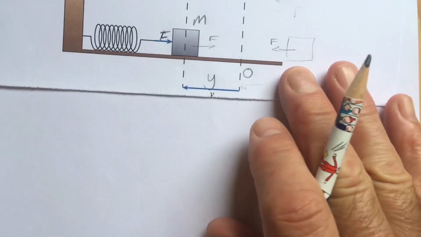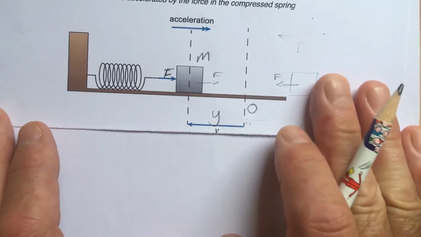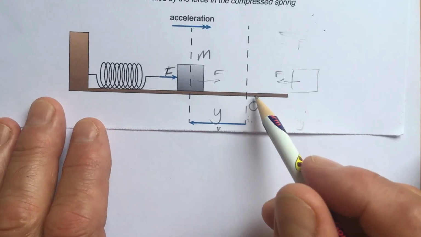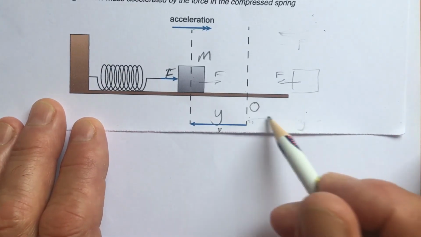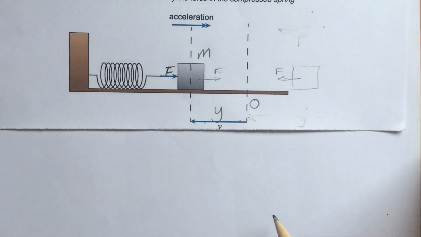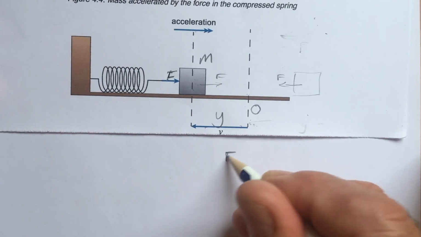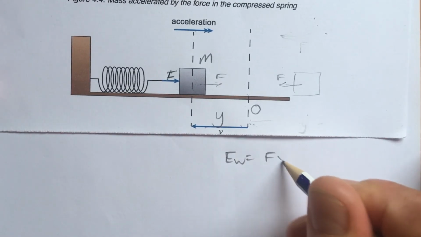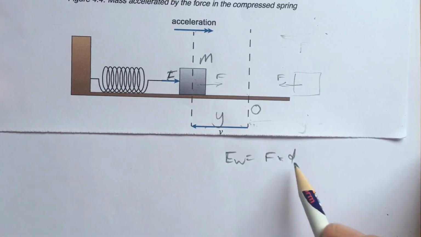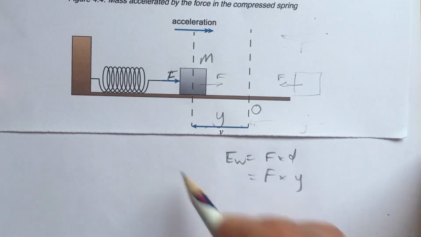So what we're after is the energy that the mass has at any particular point out here, y, due to the spring potential energy. We could try and work that out by the work done, W equals force times distance, but that doesn't work because the force actually depends on the y displacement.